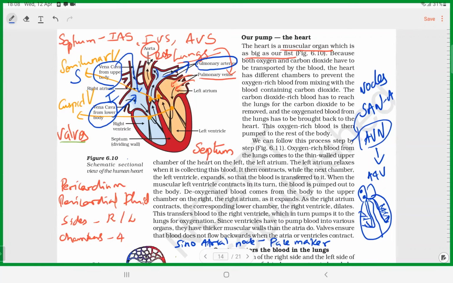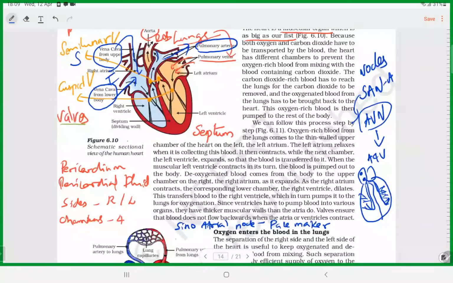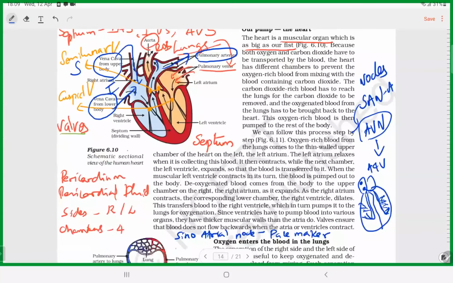Now, what is called the cardiac cycle? The cardiac cycle is one cycle of contraction and relaxation of the heart.